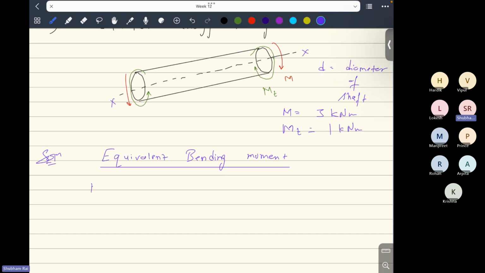So the equivalent bending moment is ME, which is given by 1 by 2 times M plus square root of M square plus MT square, or you have minus also, half of M minus, because you have two principal stresses.